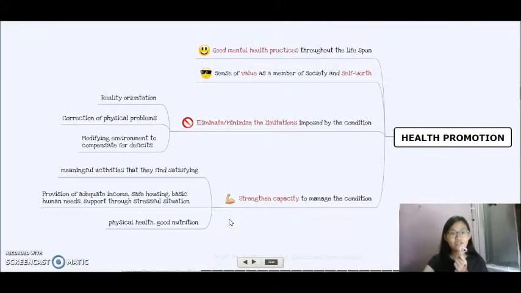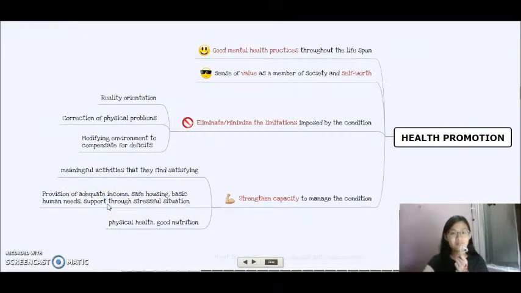We encourage people to find meaningful activity that they find satisfying, and provision of adequate income, safe housing, basic human needs, support through stressful situations are very important for elderly, especially the support.